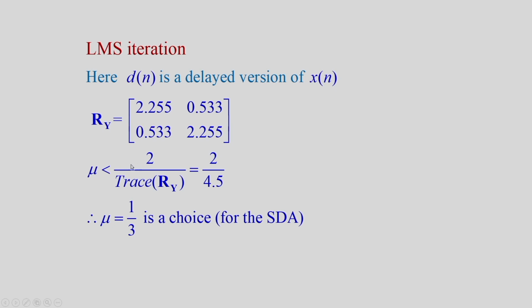One convergence relationship is that mu, which is positive, should be less than 2 by trace of Ry, and trace of Ry is equal to 2.255 plus 2.255. So that way it will be 4.51, and therefore, mu is equal to 1/3 is a choice for the SDF, because here we have not yet discussed how to choose mu for the LMS algorithm.